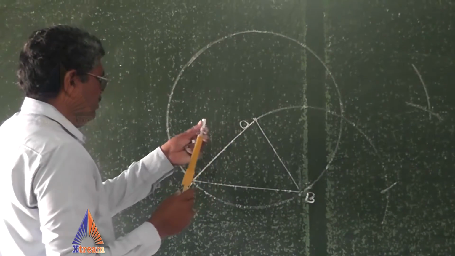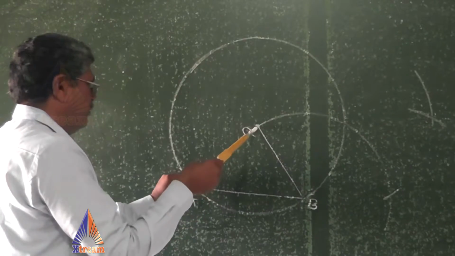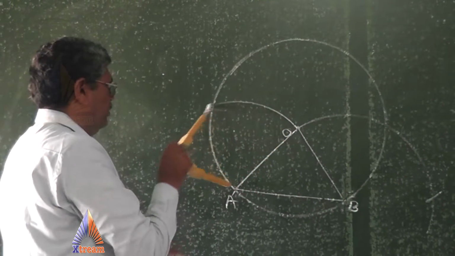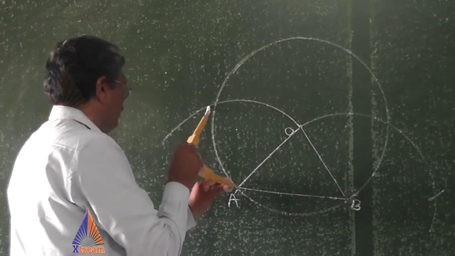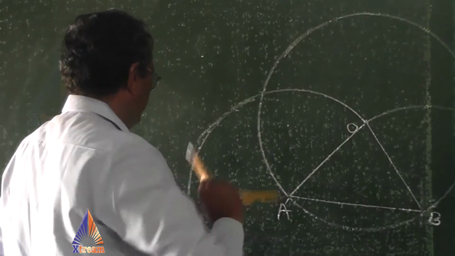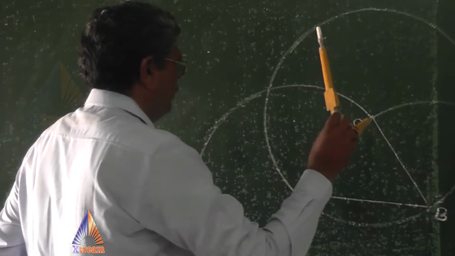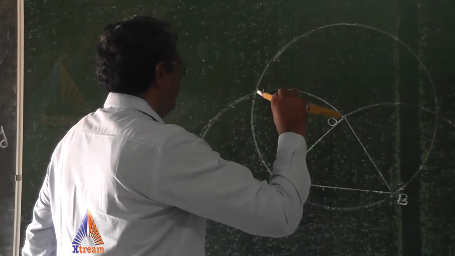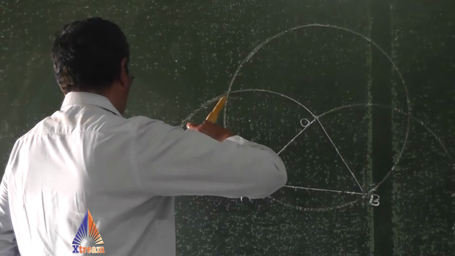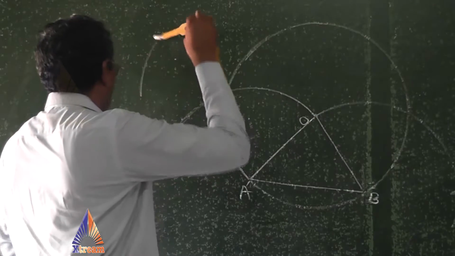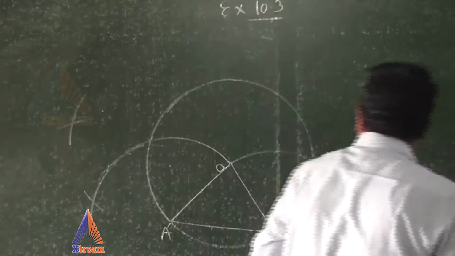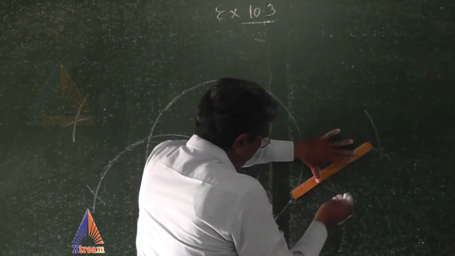On the other side of a point, we can take another. Drawing by the scale.